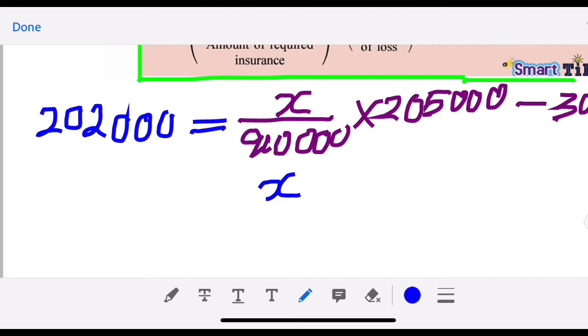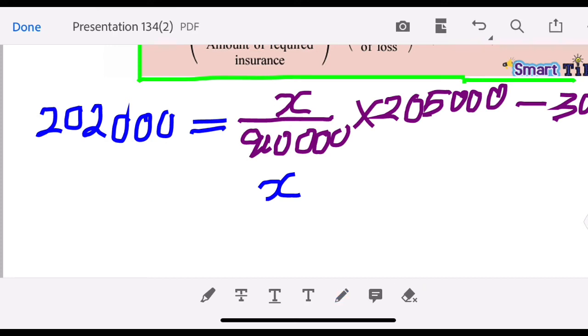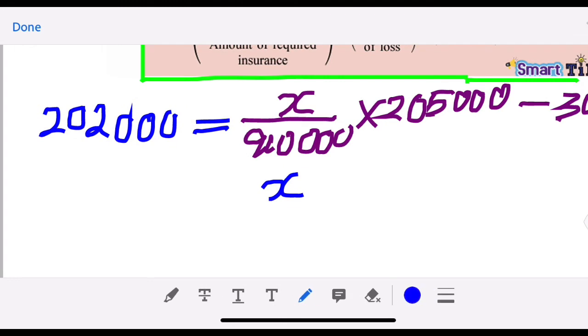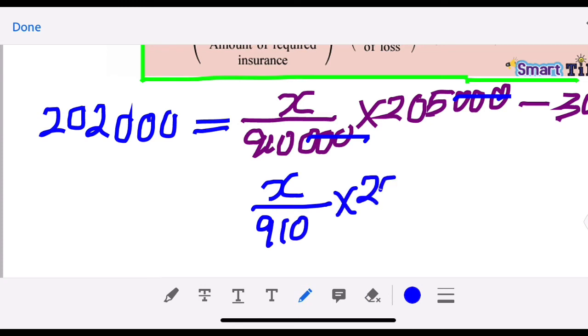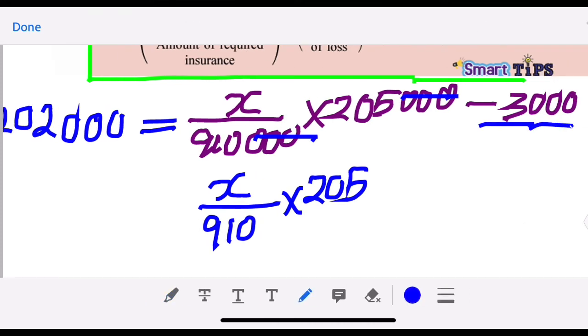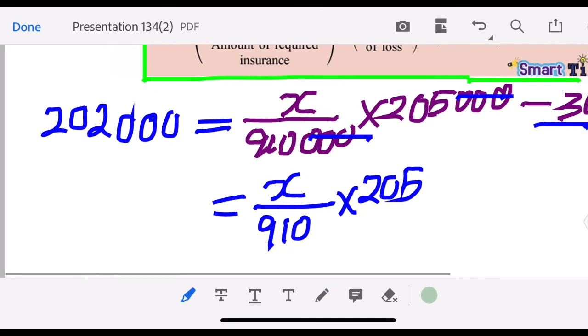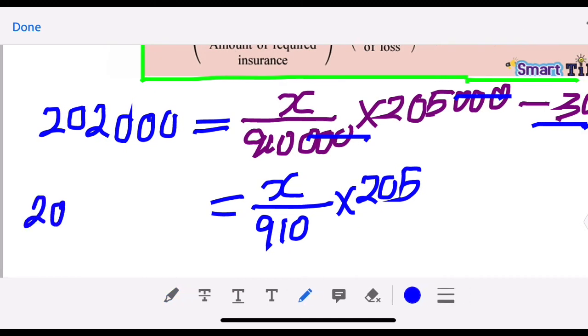So x over 910,000, we can simplify it like this. Let me do 910 times the 205. The 3,000 here we will bring over to the left, it becomes 202,000 plus 3,000, right?